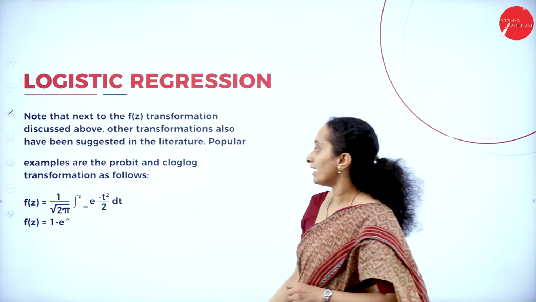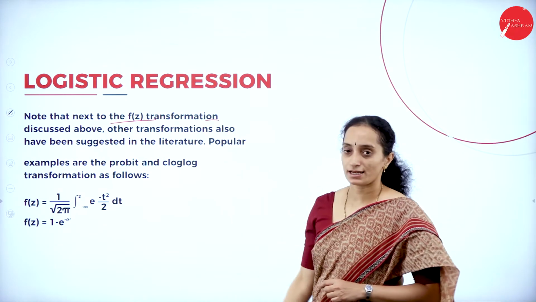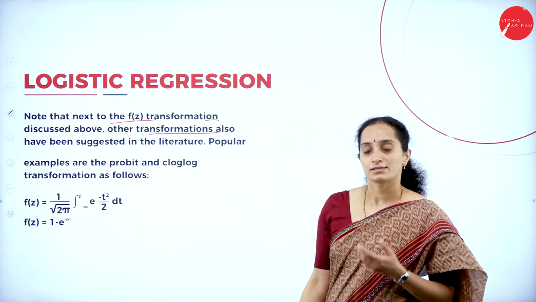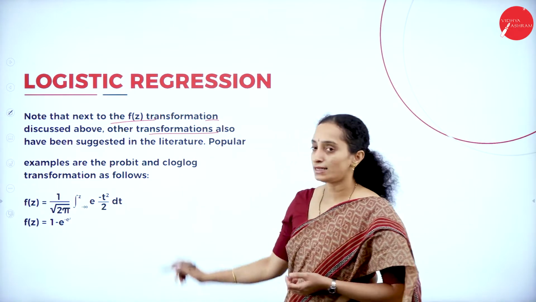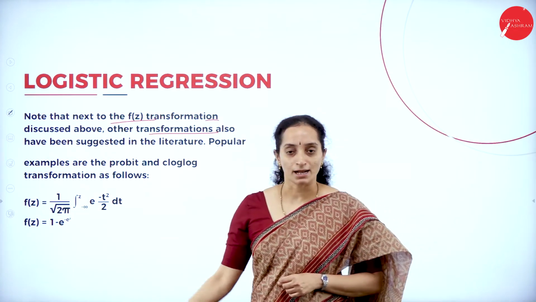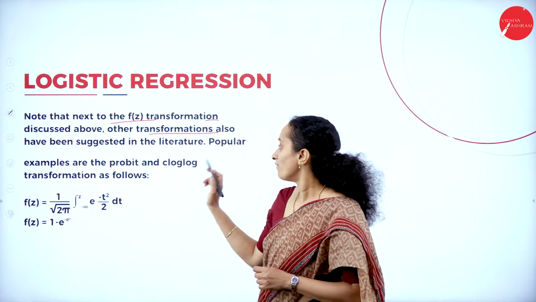Note that along with the f of z transformation, which was already discussed, other transformations have been suggested in the literature. We have many other transformation methods apart from f of z, which give you another set of values.